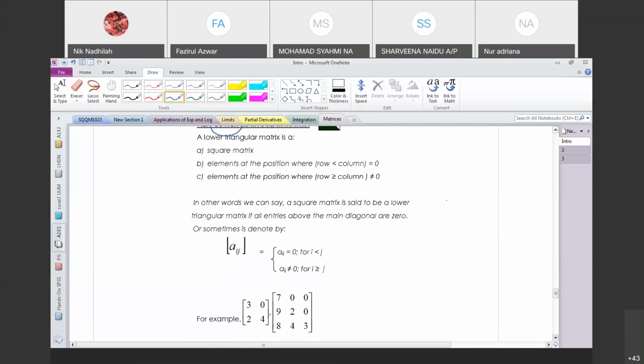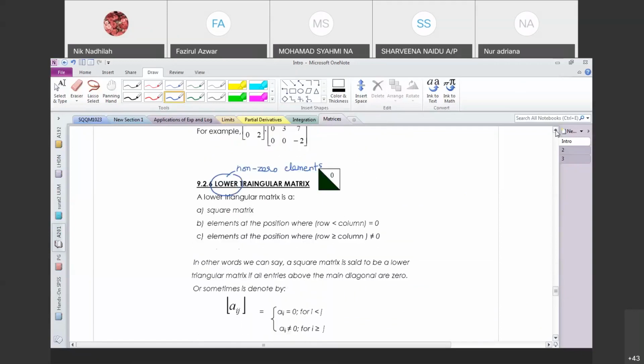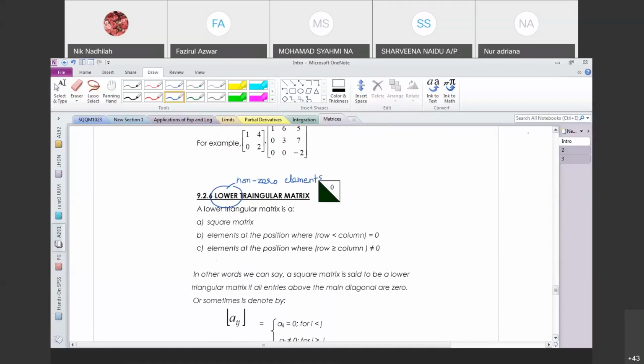Well, you know what? Just in case you are required to provide examples. Sometimes you are required to provide your own examples, maybe give a square matrix, give an example of a square matrix, give an example of a lower triangular matrix, and so on.